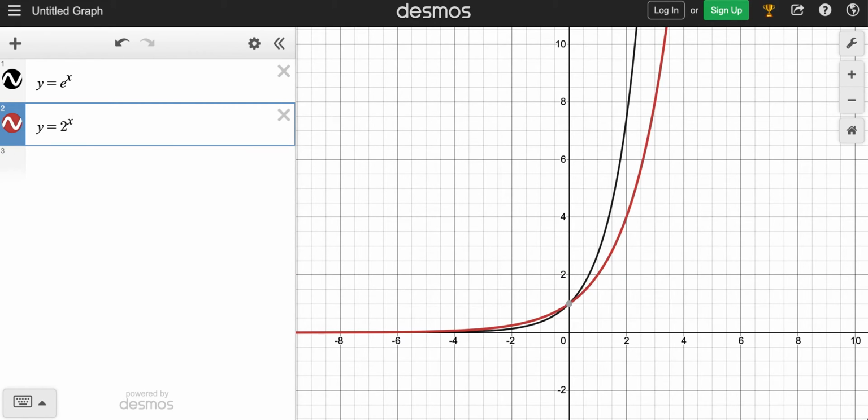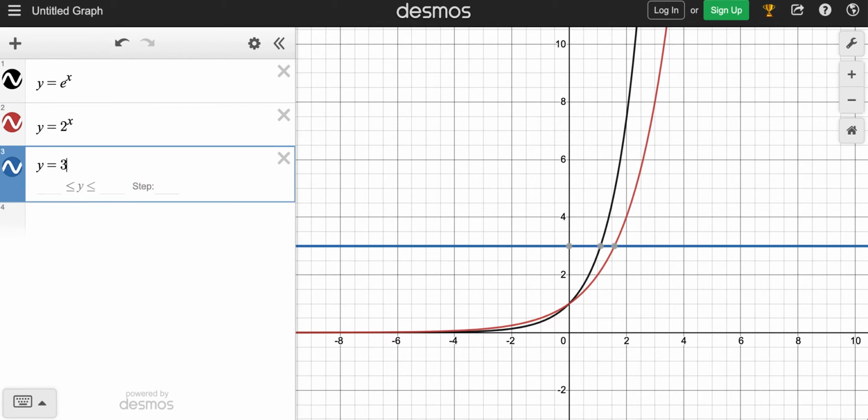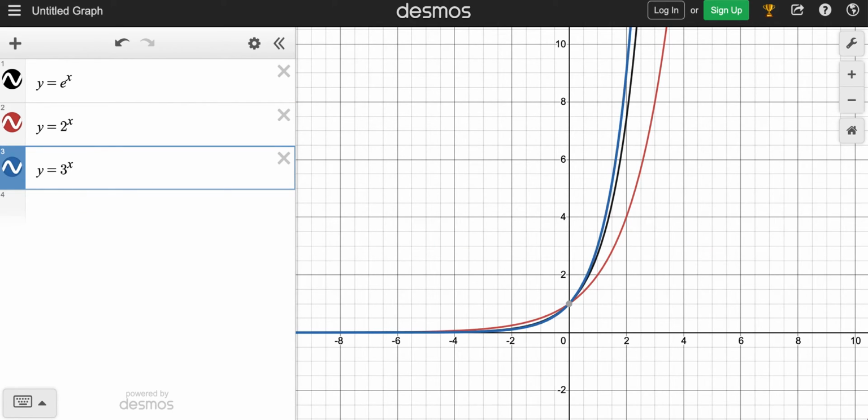If you look at that, that shows up here in red, and then y equals 3 to the x power, which is here in blue. So you can see the difference here. It's closer to 3 to the x because remember, again, e is about 2.7. Okay, so you can see it's still an exponential function, and very close to 3 to the x.